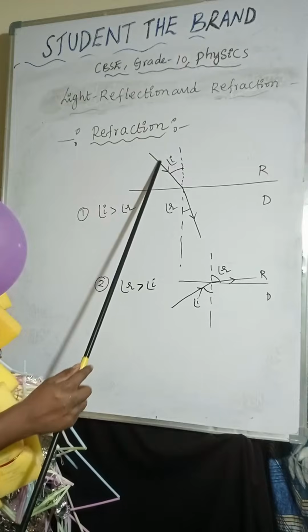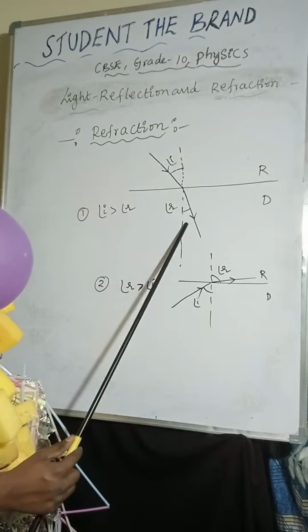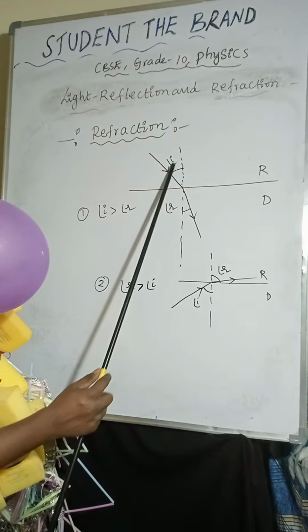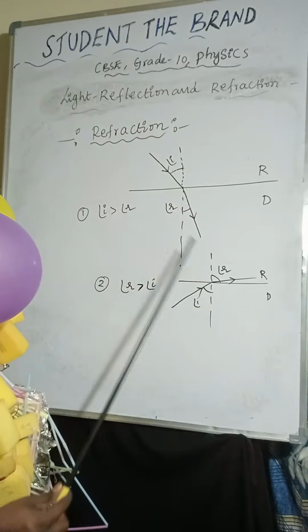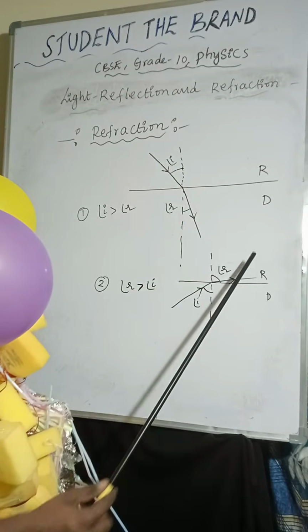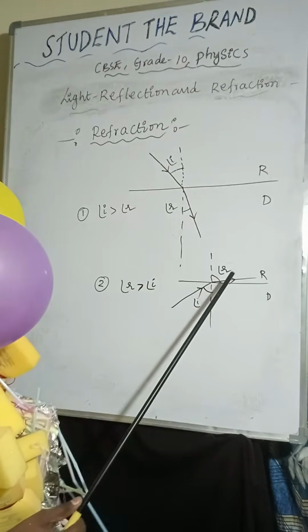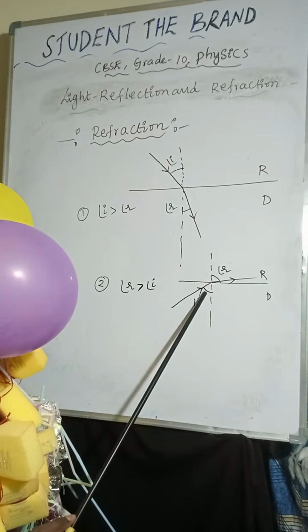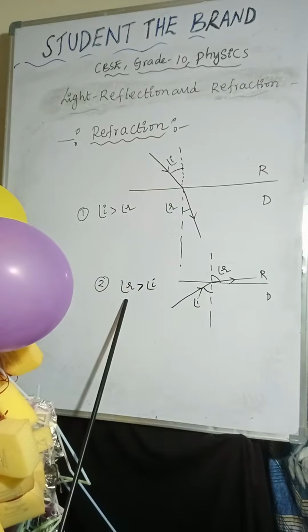So the angle of incidence is greater than the angle of refraction. And here, the light ray is moving from denser to rarer, so compared to the angle of incidence, the angle of refraction is greater.